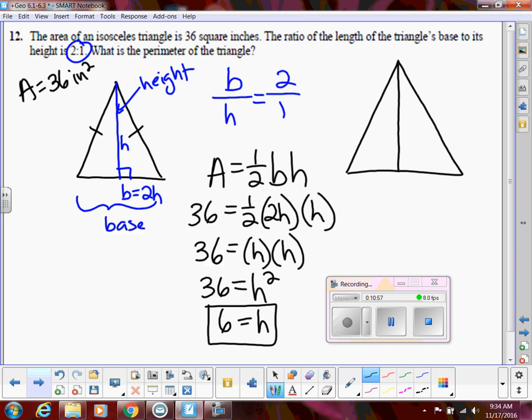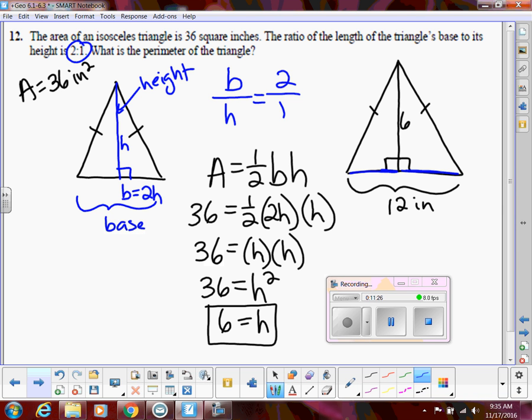Okay, so I'm going to redraw this triangle just so I can label it with the numbers that we know. So that's 6 inches. That means that this base has to be 12 inches, right? It has to be twice as big. So how are we going to find the perimeter? We have to find those hypotenuses. So if those are the hypotenuses, what is each of these lengths?